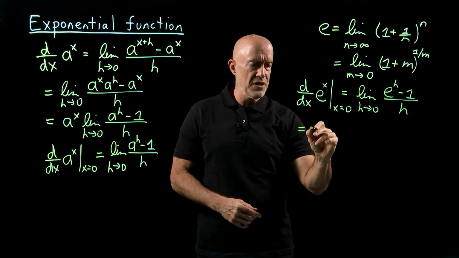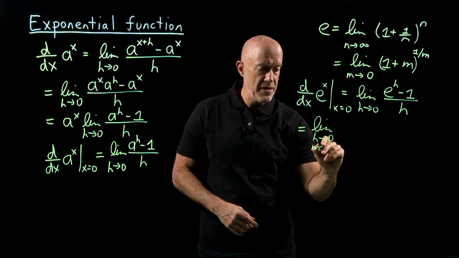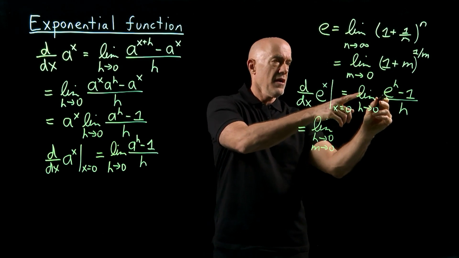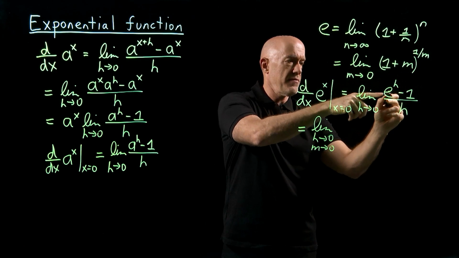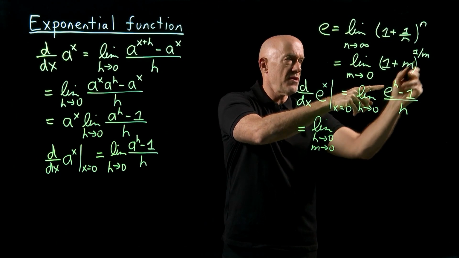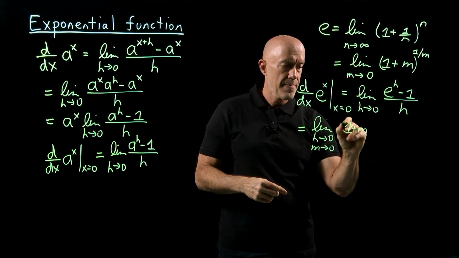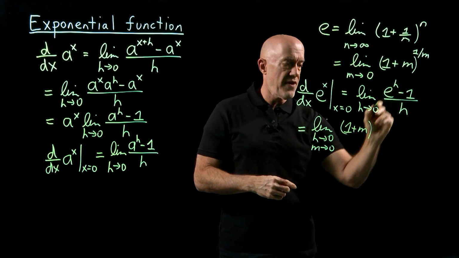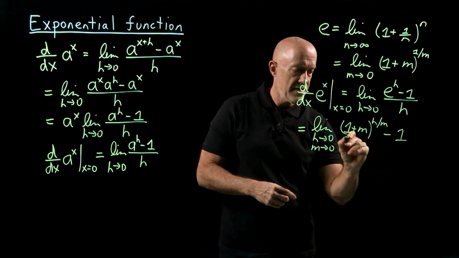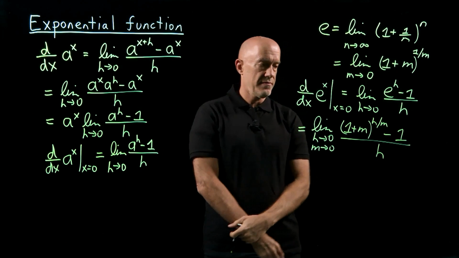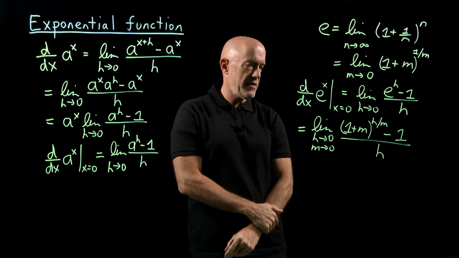So that would be a double limit now. The limit as h goes to 0 and m goes to 0 of 1 plus m to the 1 over m raised to the h power. So the exponent then multiplies. So that would be 1 plus m raised to the h divided by m power minus 1, divided by h.